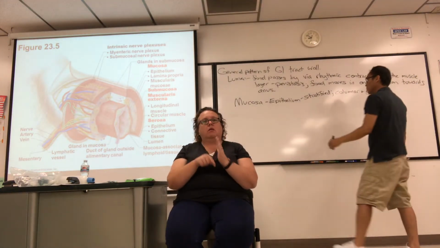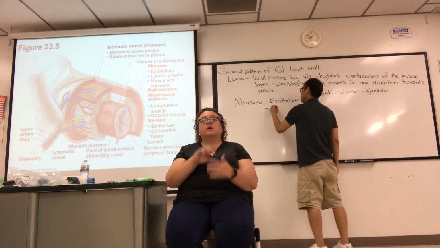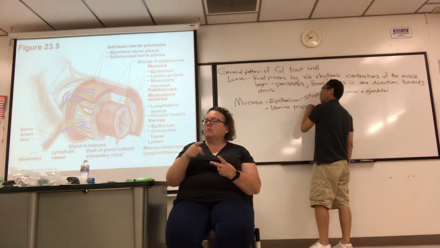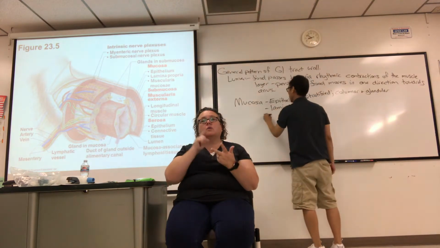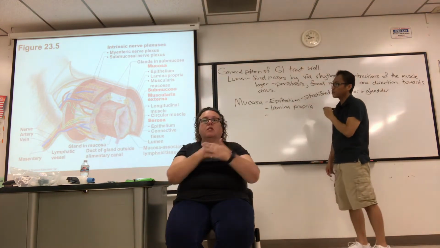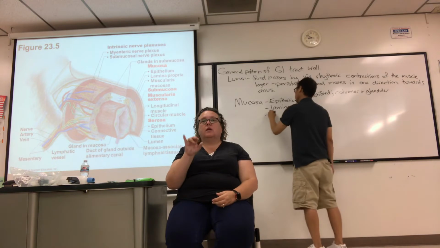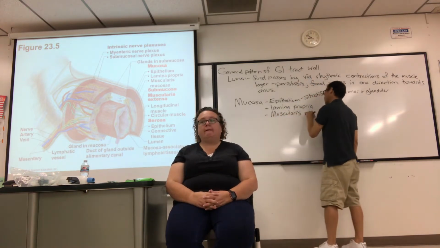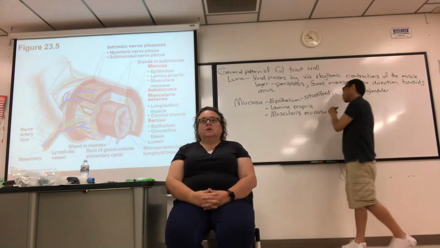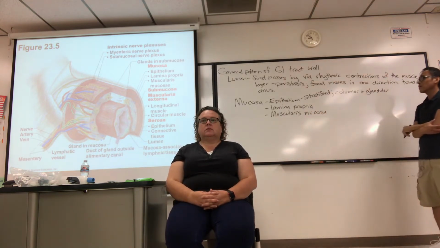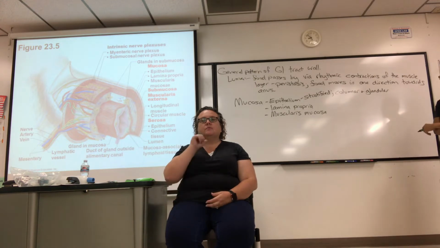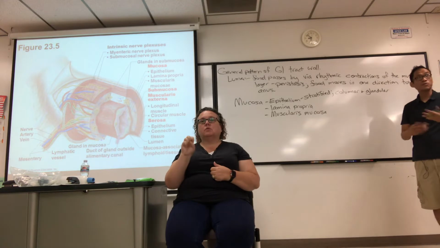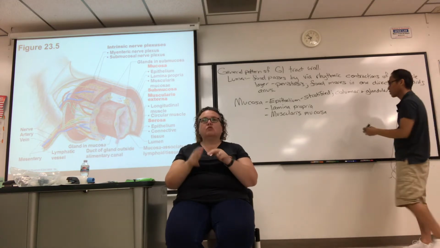So note the epithelium, the lamina propria, and the muscle layer, muscularis mucosa. You don't see this in other systems. The digestive tract's mucosa has its own muscle layer. This increases the food agitation, which is a good thing.